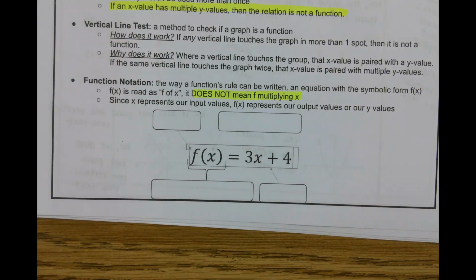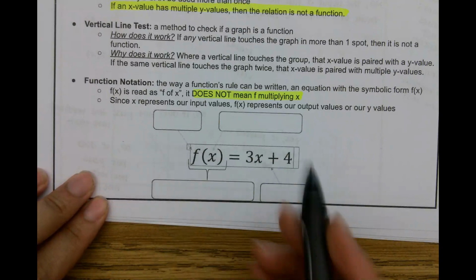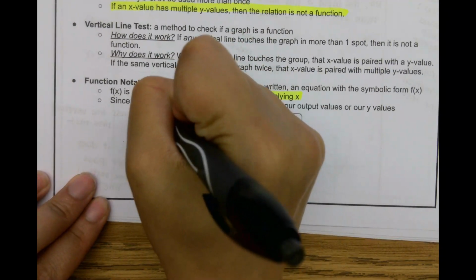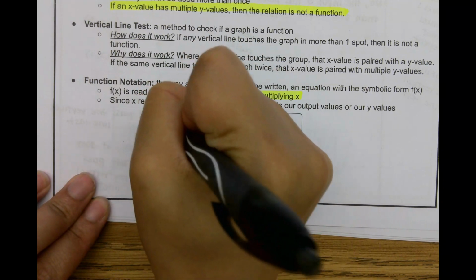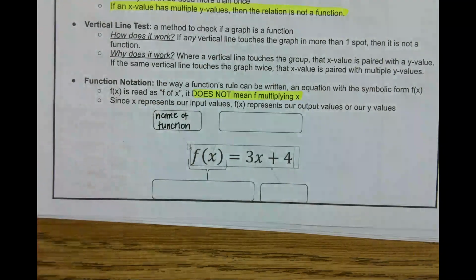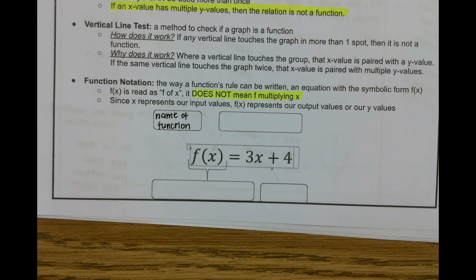This part right here, f, is our name of the function. Like I said, it doesn't have to be f. We normally just choose f because function starts with an f, but you can do any letter you want. You can do your favorite letter if you want, but normally we do f of x.